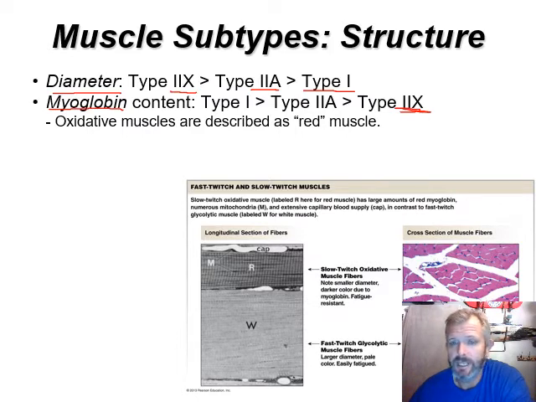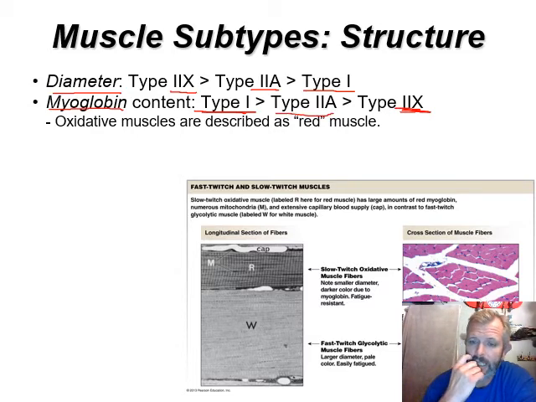So you can see they are the lowest in myoglobin content because they don't need oxygen to make ATP to fuel the muscle. Your type 1 though are completely oxidative, and so they need that oxygen, so they have a higher myoglobin store. And then our type 2A are kind of the in-betweeners. They have some because they do oxidative, but they also do glycolytic.